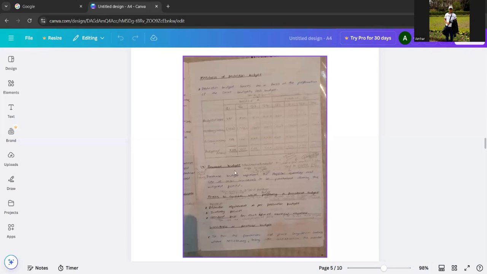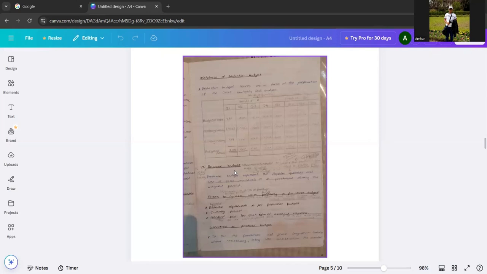Earlier, when teaching production budget, I taught you the difference between production budget and purchase budget. Same thing here. Purchases budget represents the physical quantity and cost of total materials to be purchased during the budgeted period.